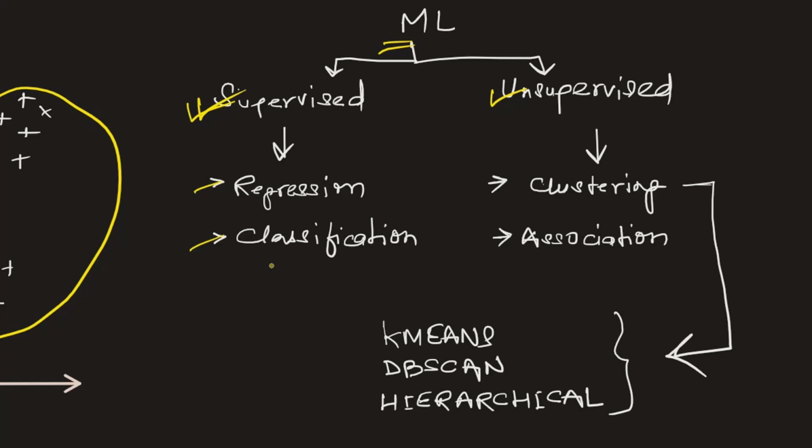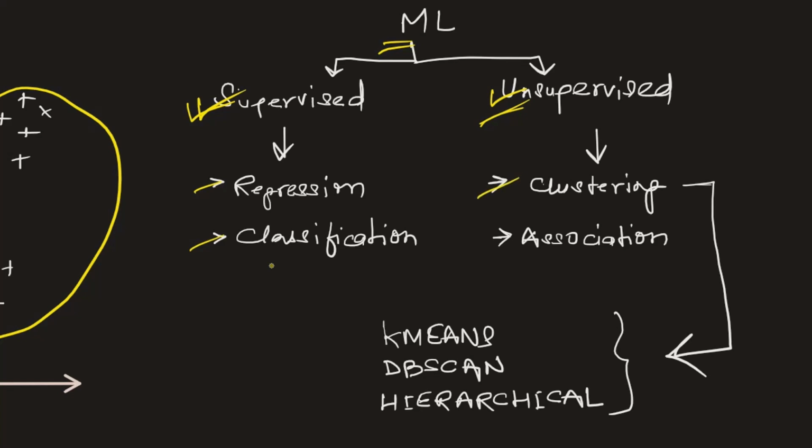But in case of an unsupervised machine learning problem, you will not be given any target column. You will be given only unlabeled data. And then your job will be to cluster this data into groups or categories to find the similarities between the data points. And these are the two types of unsupervised machine learning problems.